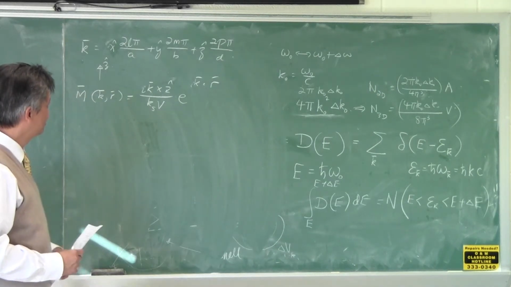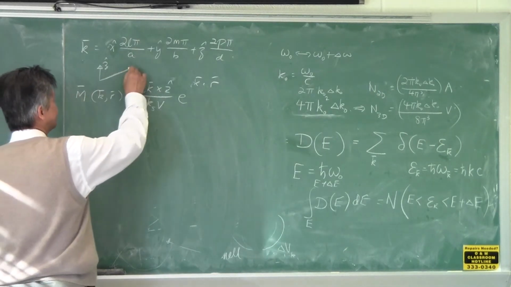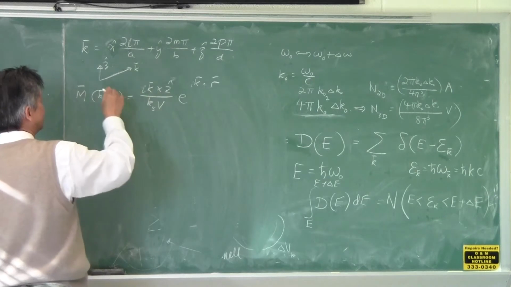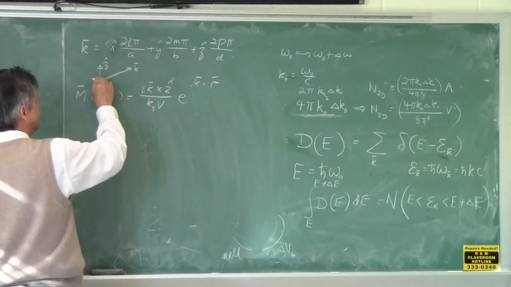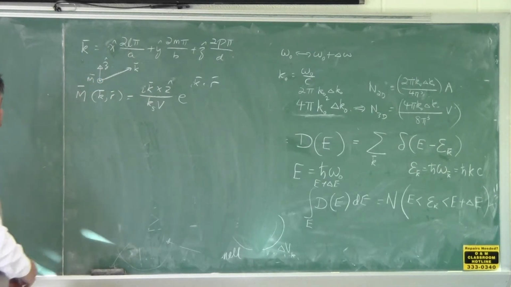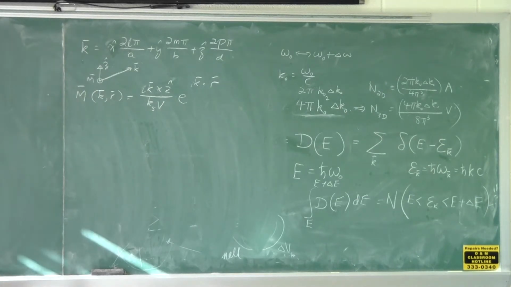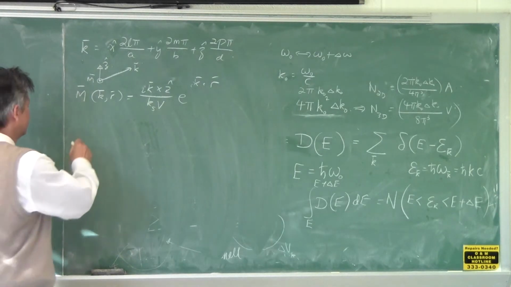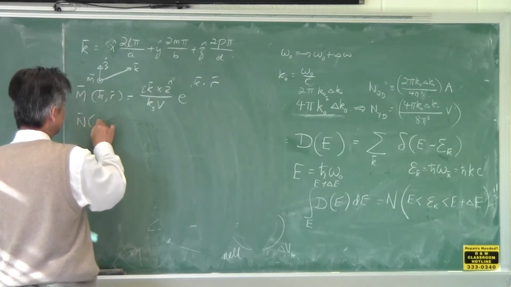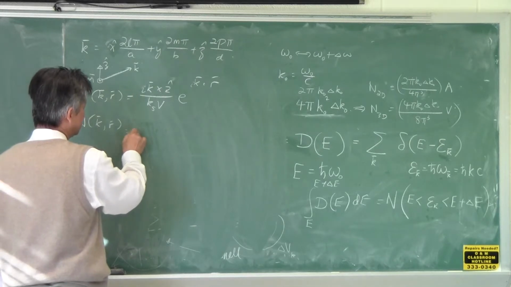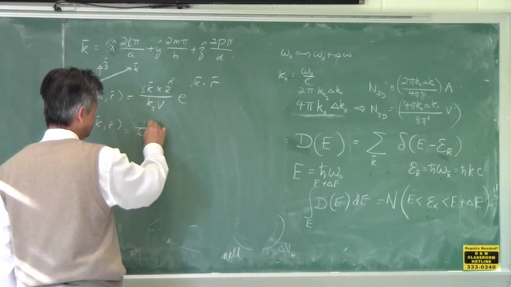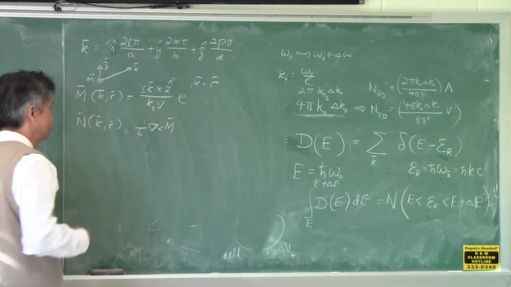One of the things is that if K vector is pointing that way, then M is a vector wave function that's horizontally polarized. So you can think of it as corresponding to a horizontally polarized electromagnetic field. The N function can be written as 1 over K curl of M function, as we have done before.